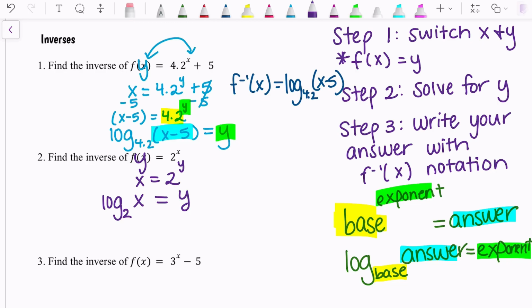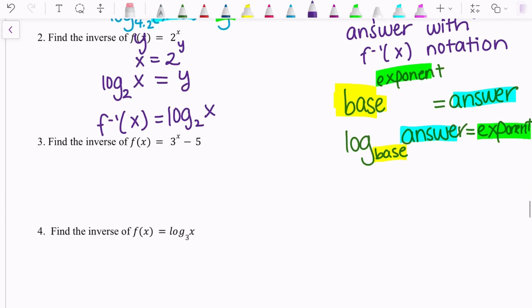So base, answer, equals exponent. Logs always equal the exponent. I already have y by itself. That is all I have to do. So my fancy notation is just going to be to replace y with f inverse of x. Log base 2 of x. That's it.